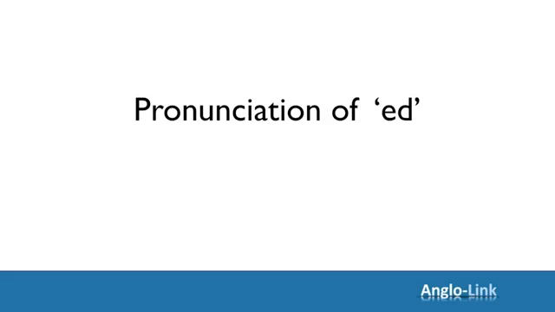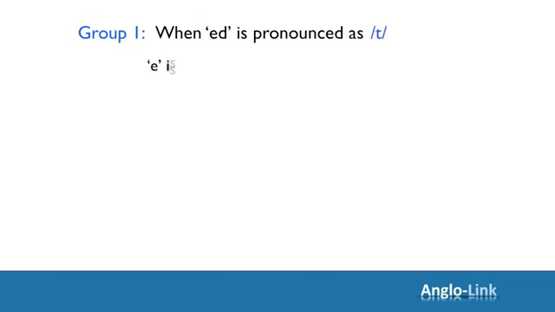Right, pronunciation of ed when you formulate the past simple tense or the past participle of a regular verb. There are three groups. Group 1 is when ed is pronounced as t. So the E is not pronounced and the letter D is pronounced as t.